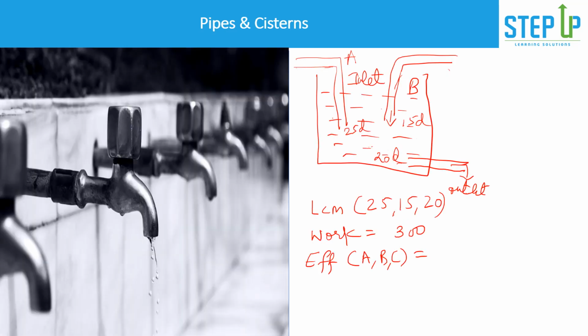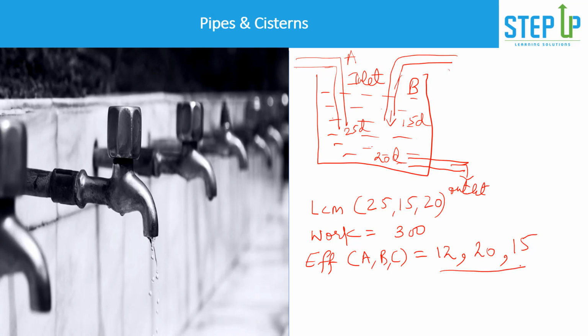A's would be 300 divided by 25, so this would be 12. This means 12 units per day. And the other one's efficiency would be 20 per day, and the other one would be 15 per day.